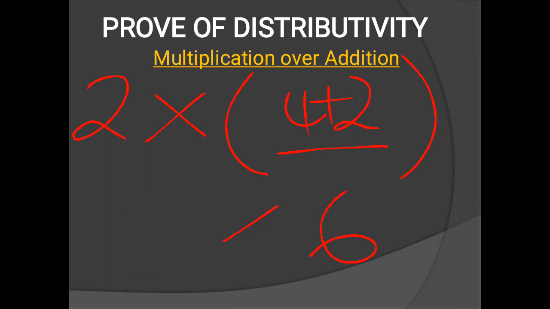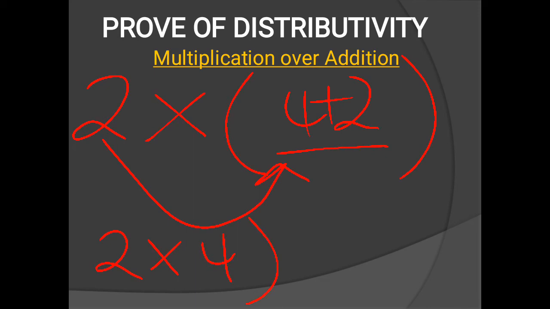Now let's distribute and expand. 2 times 4, then plus, see my plus sign is here, 2 times 2. See, the first one I had 12.